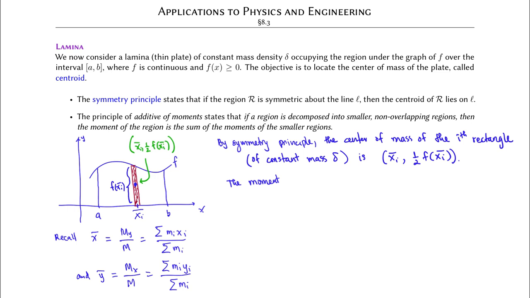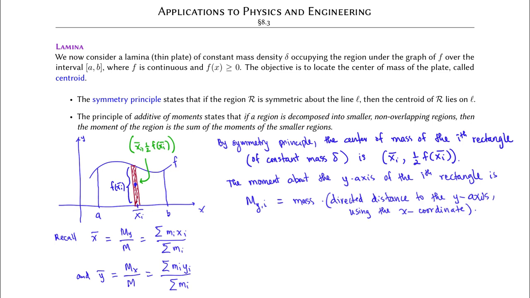But we're interested in the centroid of the lamina, or the center of mass of the thin plate. We first find the moment about the y-axis of the ith rectangle, denoted by M sub y_i. It is the product of the mass and the directed distance to the y-axis using the x-coordinate.